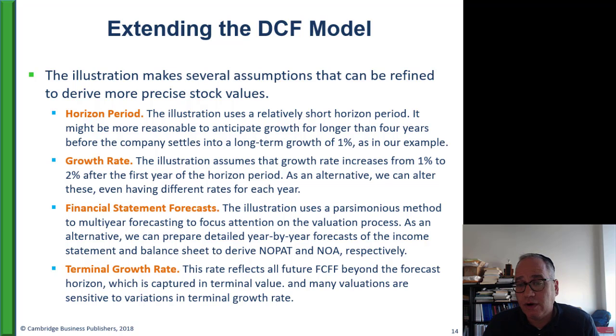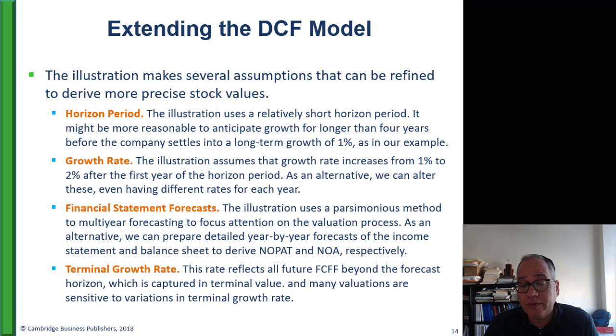Also, your growth rate. This assumes that your growth rate increases to 2%. You can change after year 1. You can change your growth rate every year. And as you extend your horizon period, you can manipulate your growth rate from one period to another. You focus on your financial statement forecasts. You can refine those forecasts and come up with better and better measures, which again are going to give you a better and better valuation.